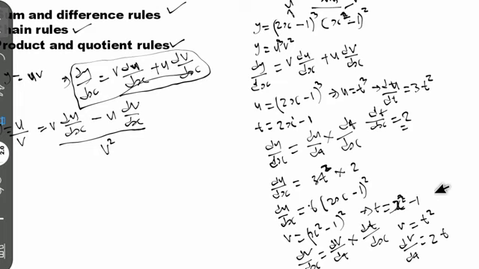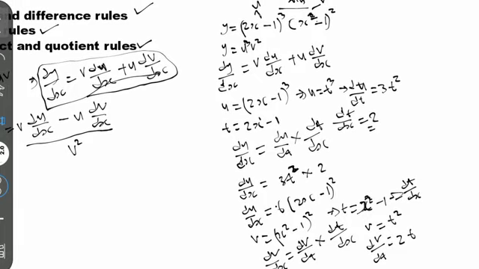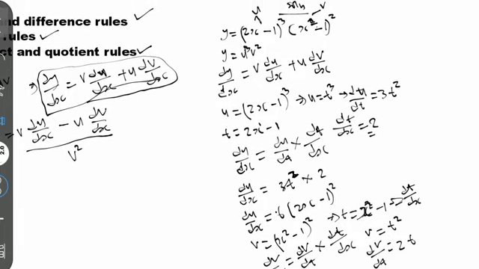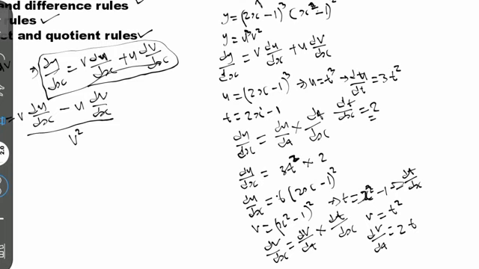Now let's differentiate t with respect to s, that is dt/ds. Let me increase more space. So dt/ds is equal to, when you differentiate this with respect to s, this is a constant, and the constant will be equal to 0.